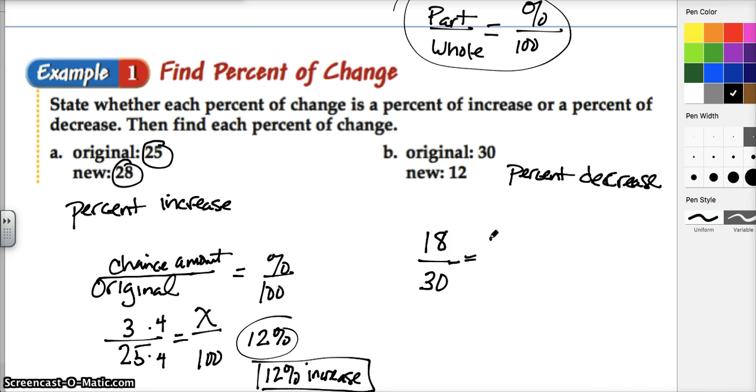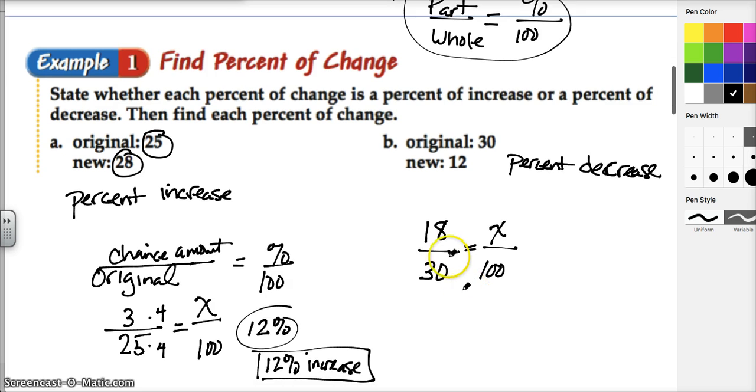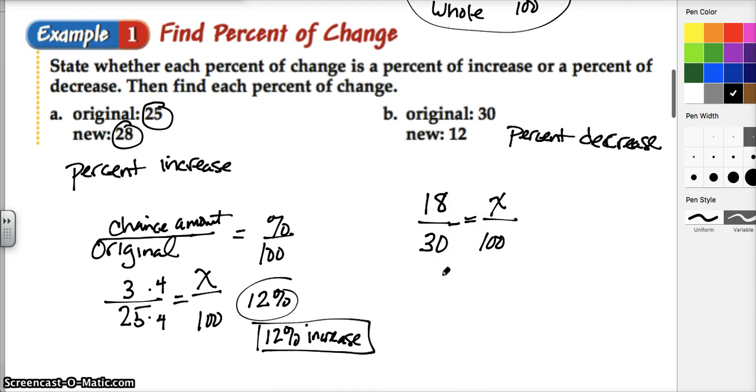I'm going to do the same thing I did before: x for my percentage, and 100 for the whole amount I'm comparing it to, the original amount. Cross multiply here. 180, no, just kidding, making sure you're paying attention. 1,800 is equal to 30x. Are you guys with me?